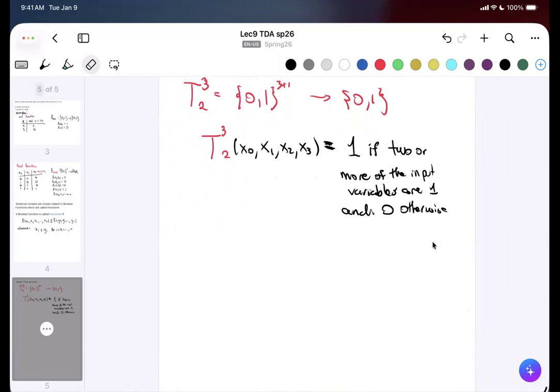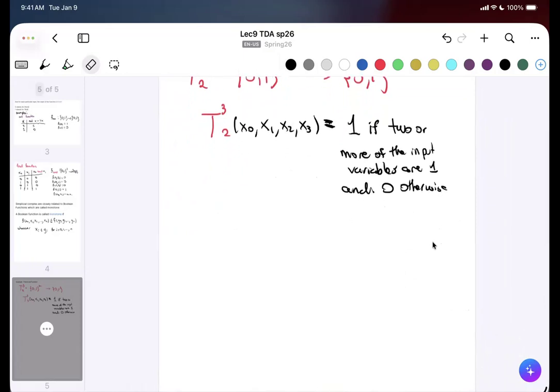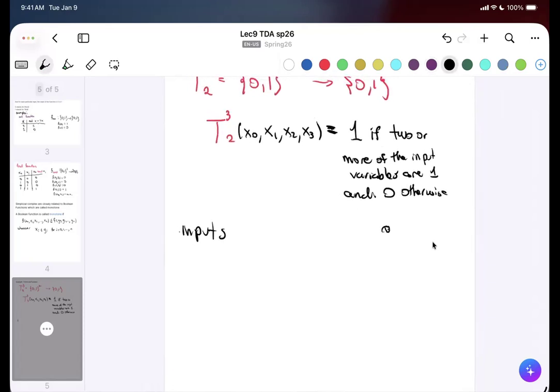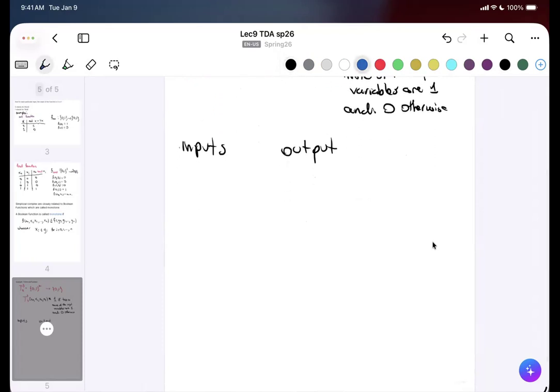You'll see why I'm going to list them in this way. This is the space of inputs, and this will be the corresponding output. One of the inputs is just all zeros, 0, 0, 0, 0.